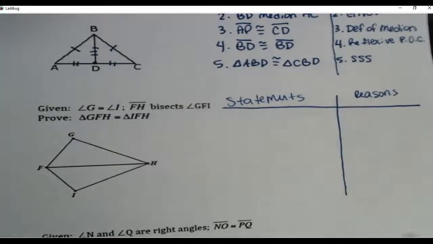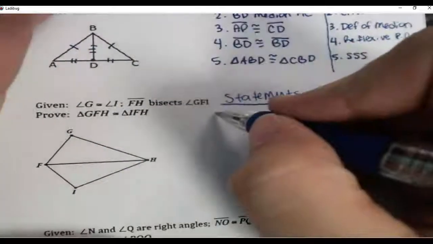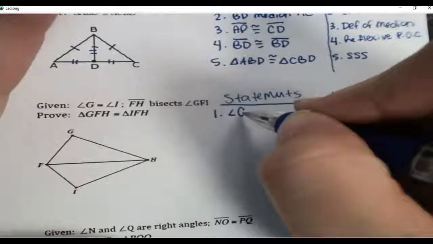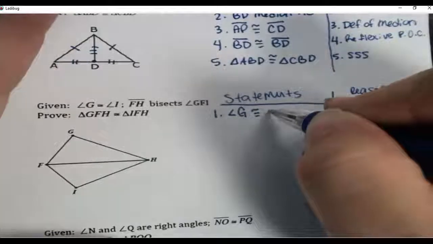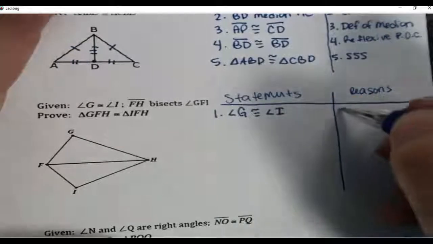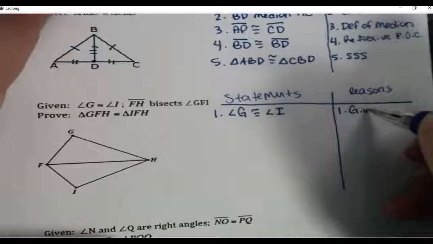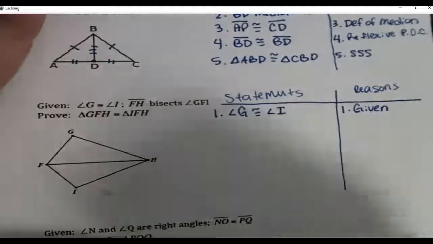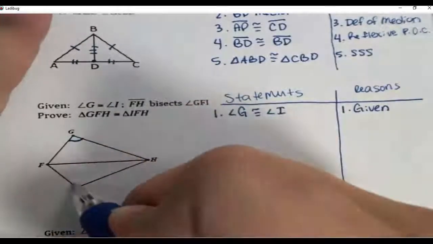So the first thing we're given is angle G is congruent to angle I. And that is given.